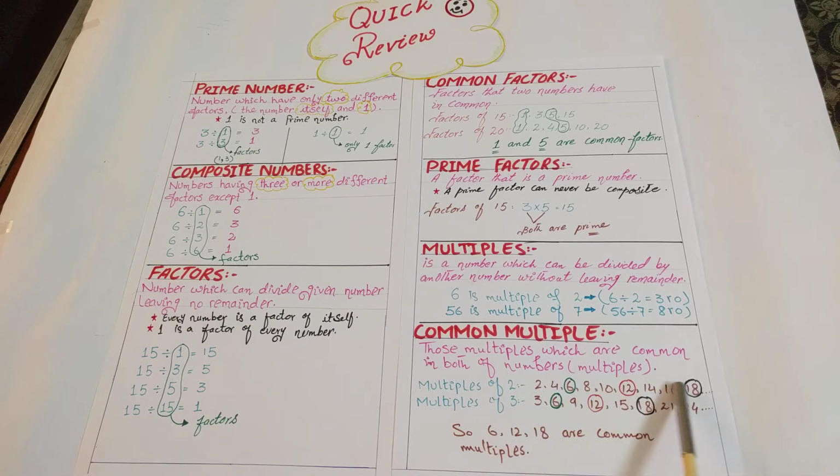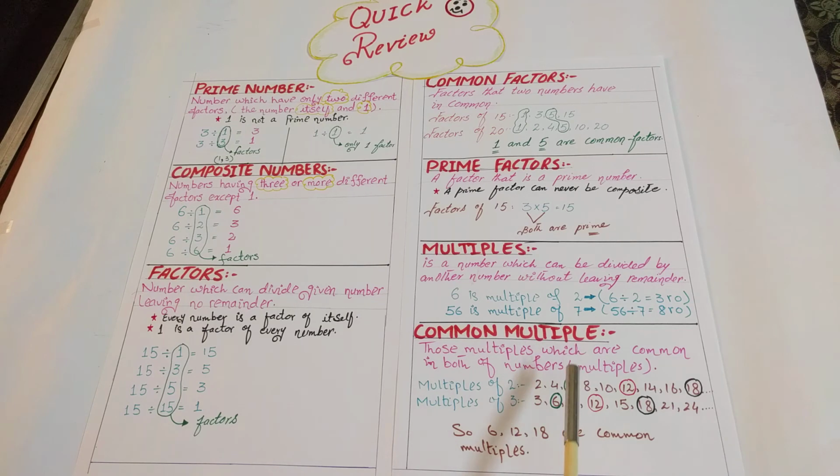Multiples are actually the table of that number. Now multiples of 3. 3 ones are 3, 3 twos are 6, 3 threes are 9, 3 fours are 12, 3 fives are 15, 3 sixes are 18, 3 sevens are 21. It is also the table of 3. When we write the table of any number, those are the multiples.